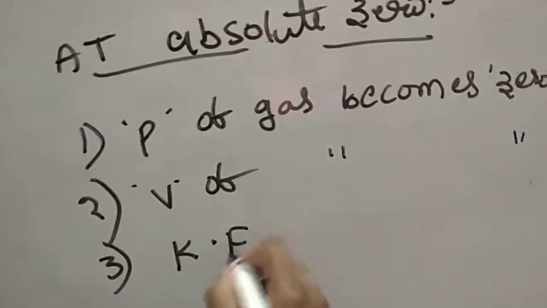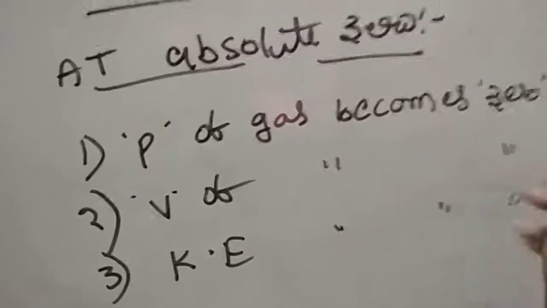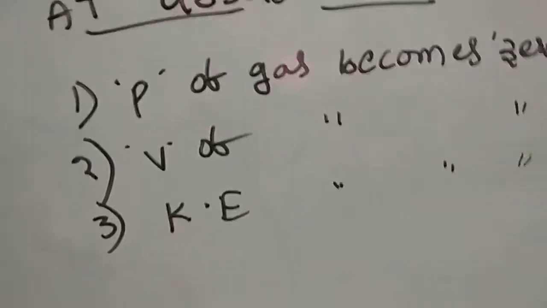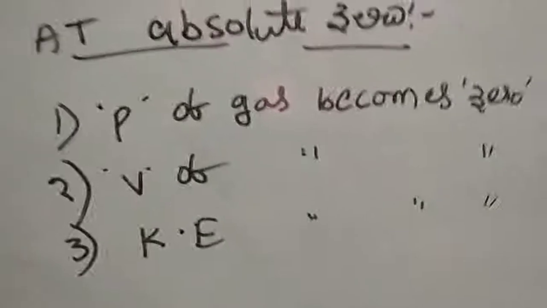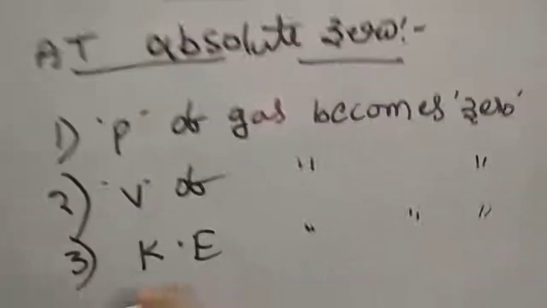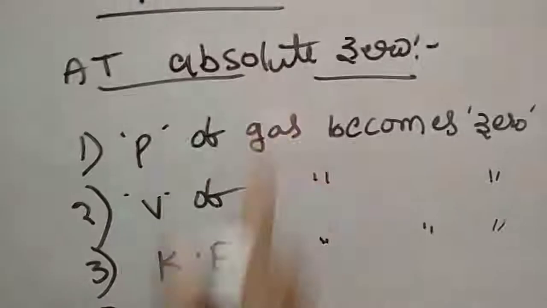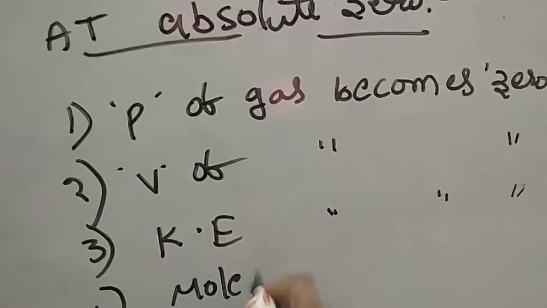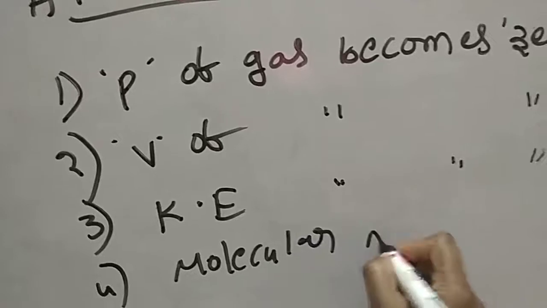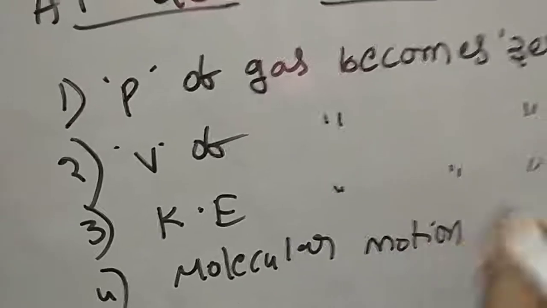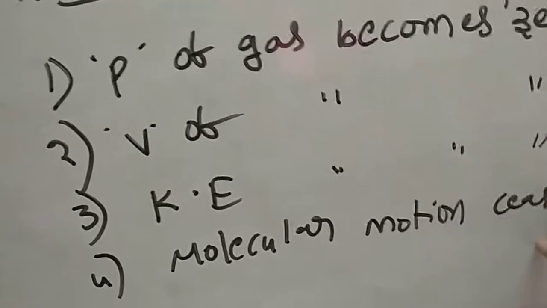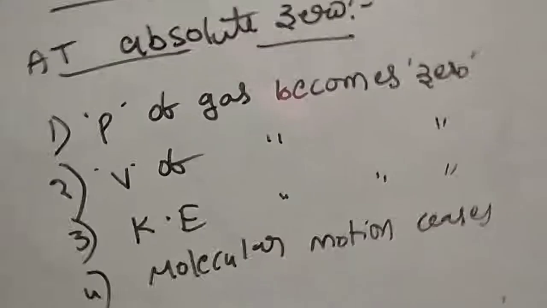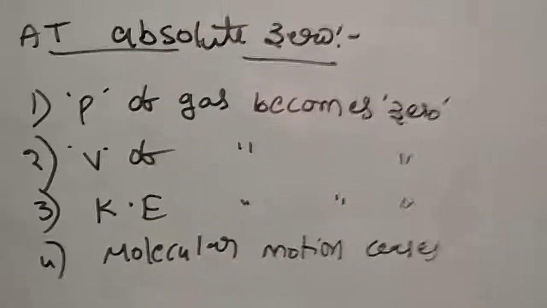Kinetic energy of the gas is 0, meaning no movement of the molecules, because with no pressure and no volume there is no motion of the molecules. Molecular motion ceases. That is why kinetic energy, volume and pressure will be 0. The main point is molecular motion ceases. If no molecule is moving, then there is no pressure, no volume, no kinetic energy. So this is what absolute zero is.